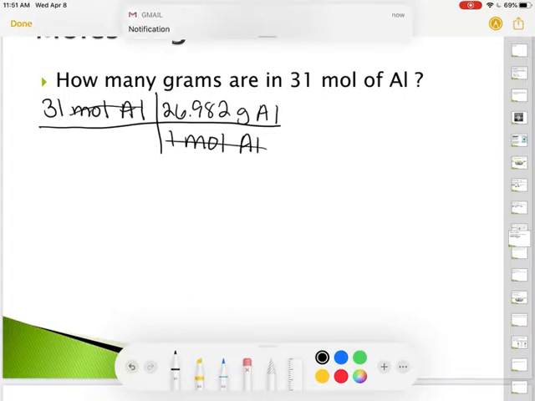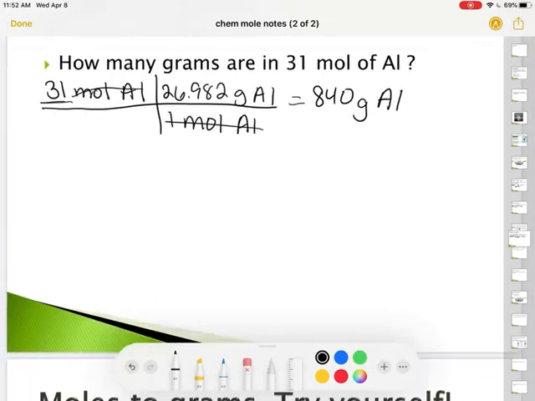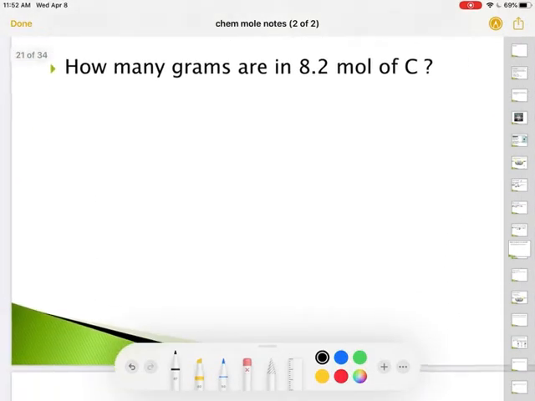Moles of aluminum is going to cancel out, and I'm going to be left with grams. Okay, so we're going to round this to 2 digits because that's what we're starting with, and your answer is 840 grams of aluminum. Okay.